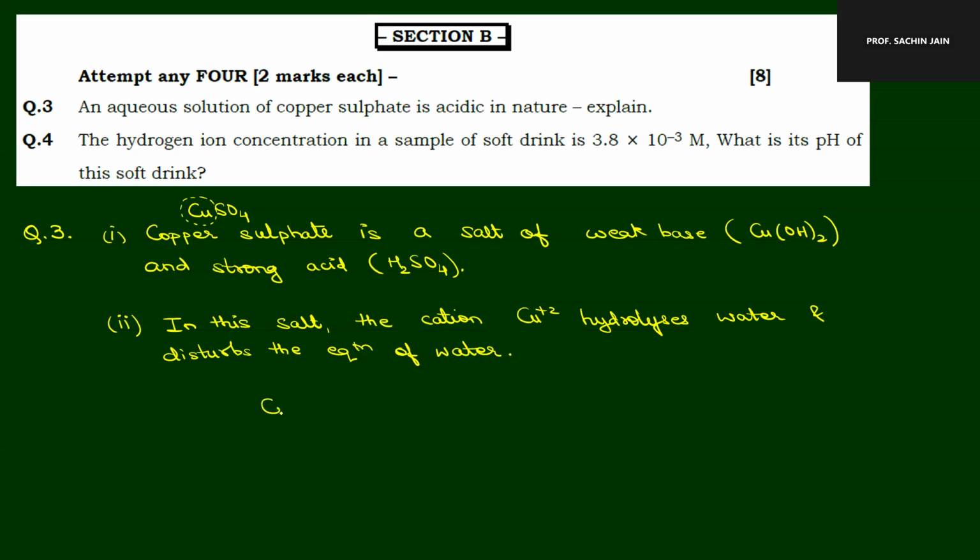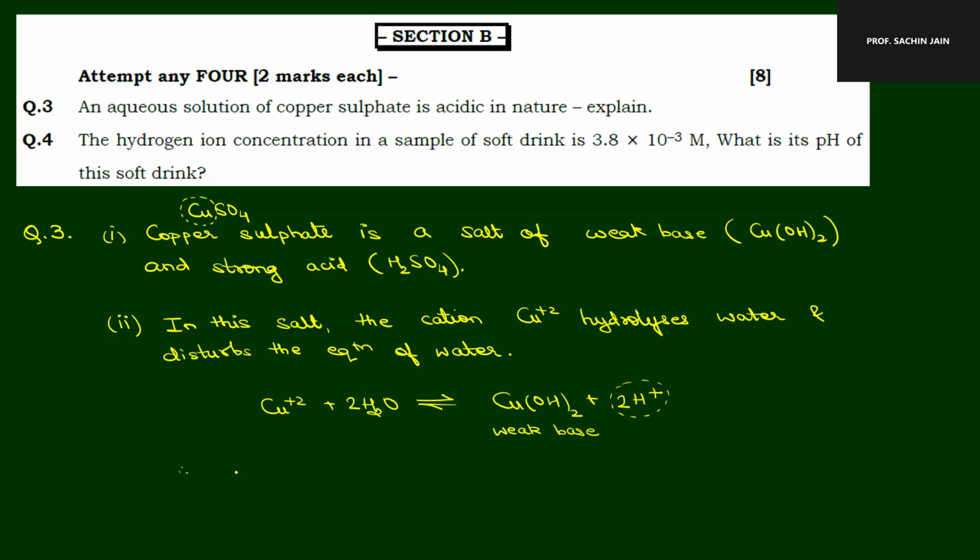Now, when you do the hydrolysis, copper 2 plus water को break down कर देता है, and on breakdown, copper takes away the OH minus to form copper hydroxide, thereby giving H plus. And if I balance the equation, it will be 2H2O and 2H plus. So what we observe over here, the equilibrium is disturbed, generating a weak base and more of H plus ions.